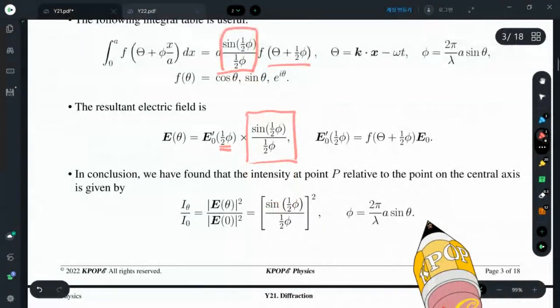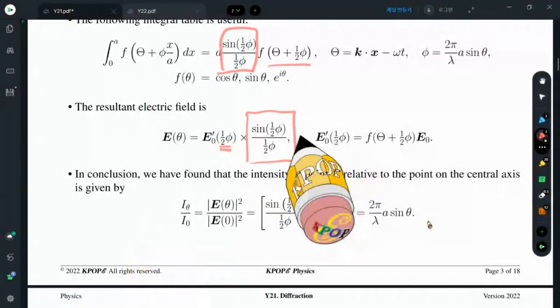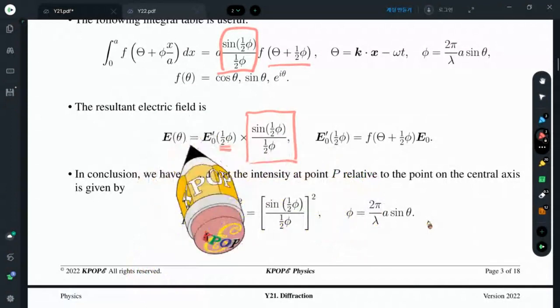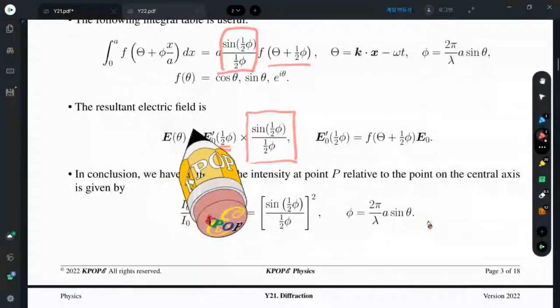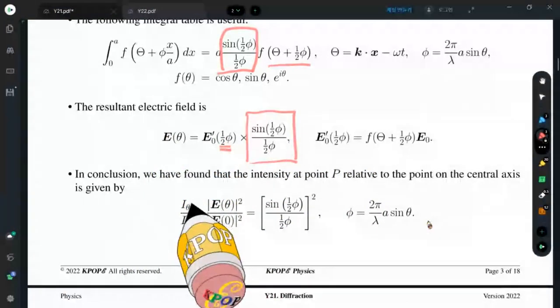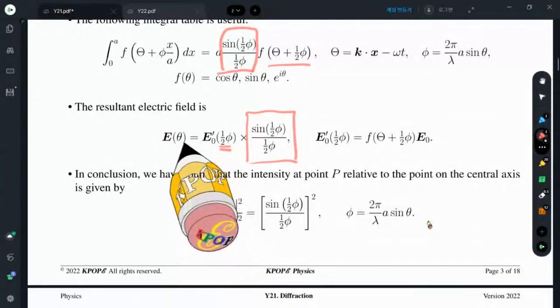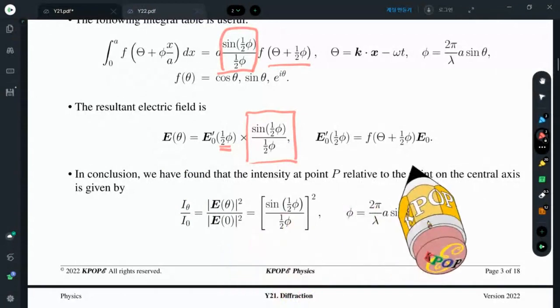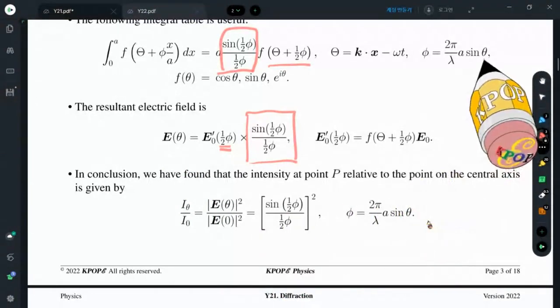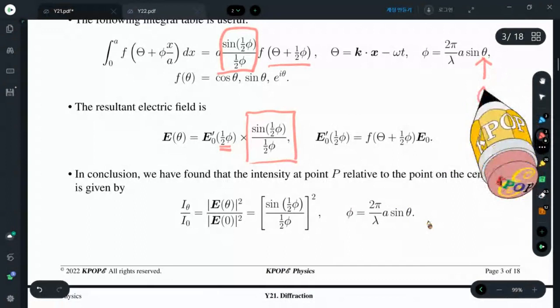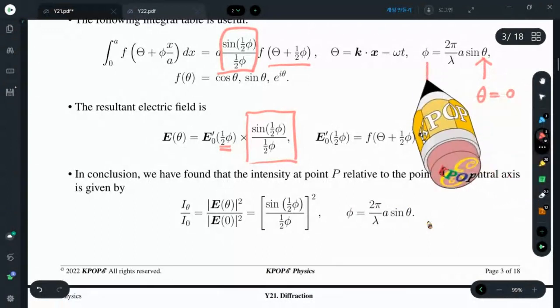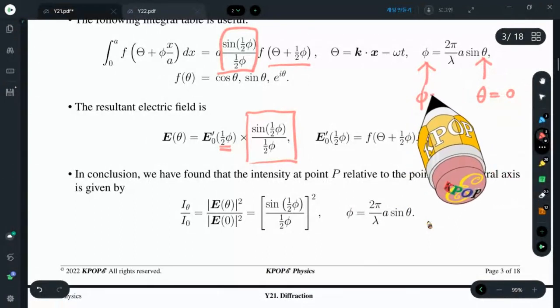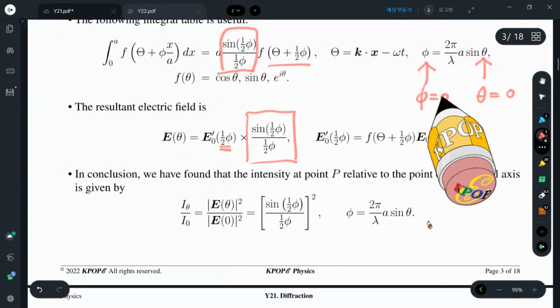In conclusion, if we square this electric field, then we will find the ratio and divide it by the central value at theta equals 0. When you substitute theta equals 0, you will find that phi equals 0.